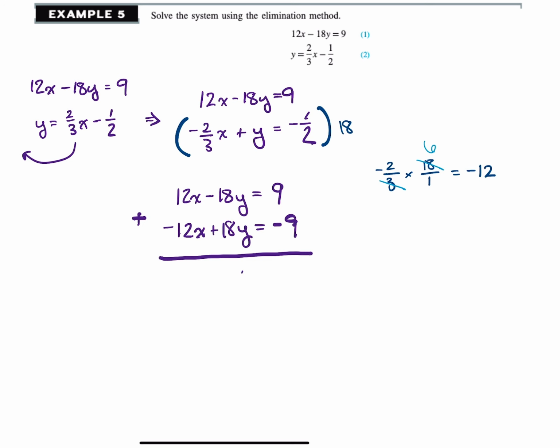So we have 0 on the left side, and then on the right side, 9 minus 9 is also 0. So this is a true statement, but our variables have both eliminated each other. So we end up here. This was different from our previous situation where we got a false statement. If you get something like this, like something equals itself, 0 equals 0, this is a case where there's an infinite number of solutions.